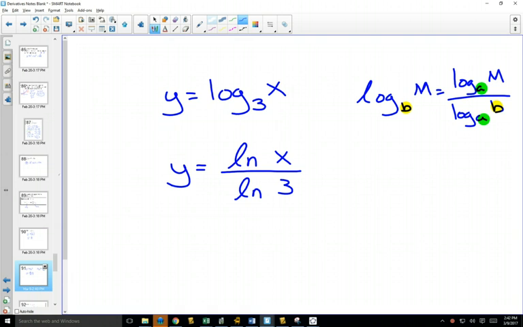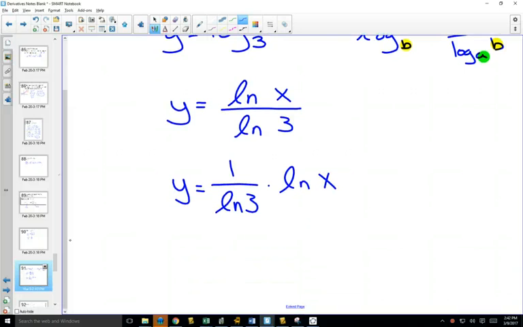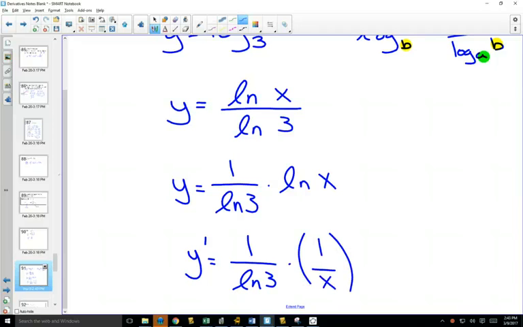That means we really have 1 over the natural log of 3 times the natural log of x. So when we do our derivative, this would stay because it's just a coefficient, and the derivative of this is 1 over x.